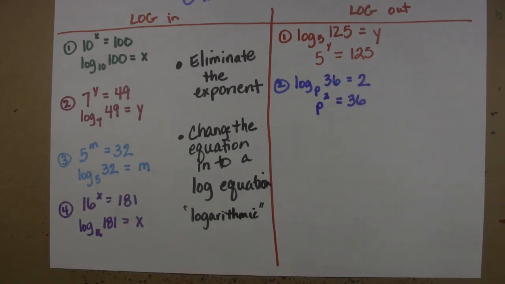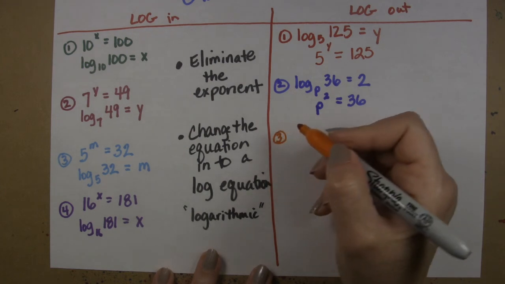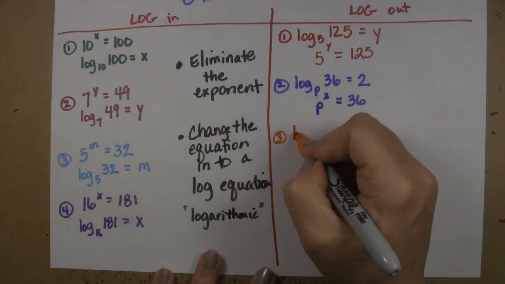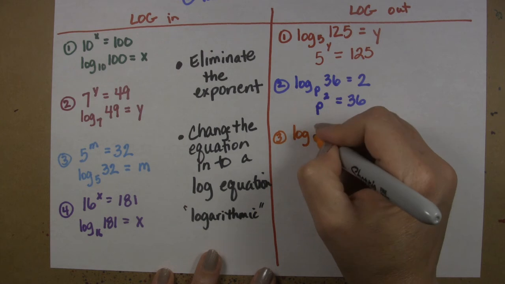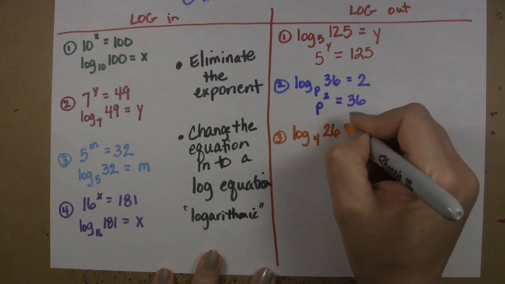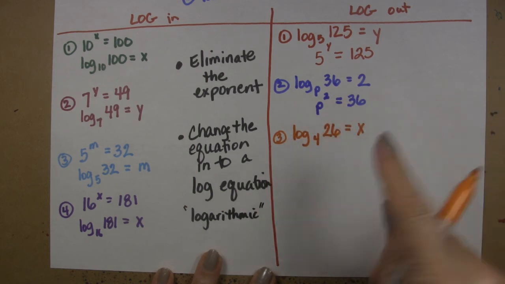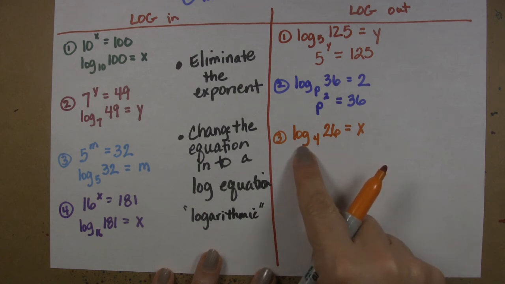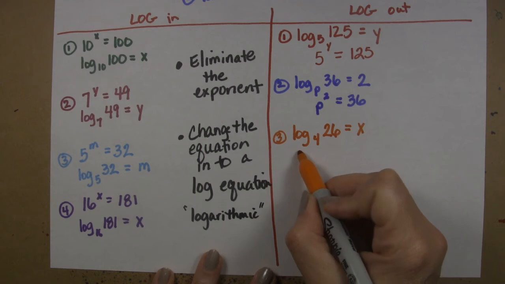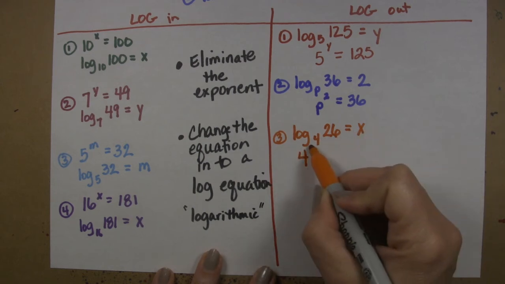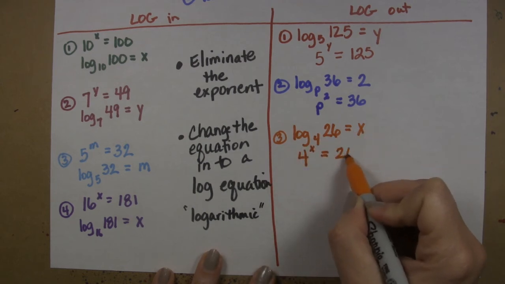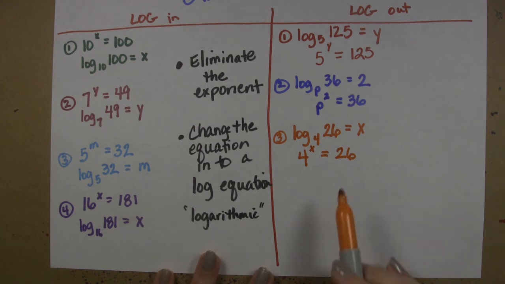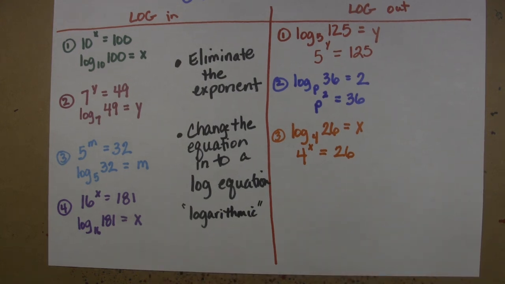Let's do another example. Number 3 will be log base 4 of 26 equals x. And we want to rewrite it getting rid of this log. So that's our base of 4 raised to the x gets us to 26. That's how we would rewrite it.